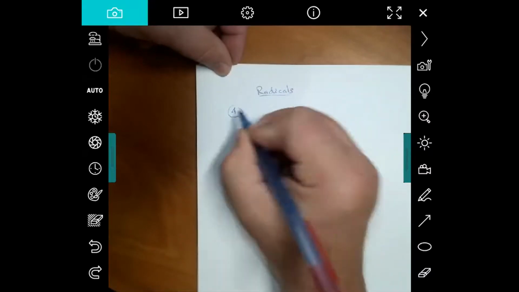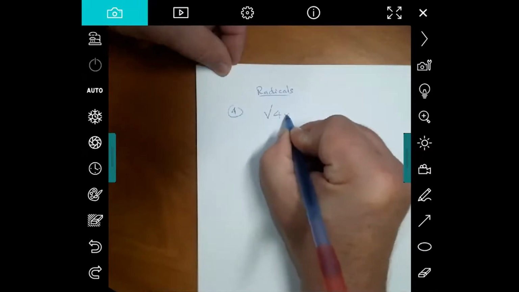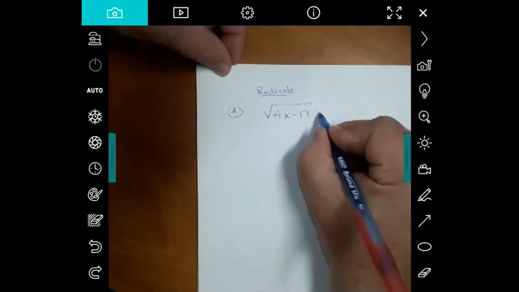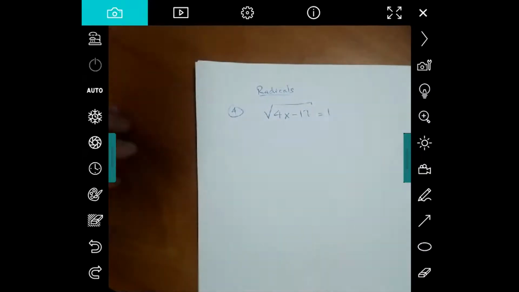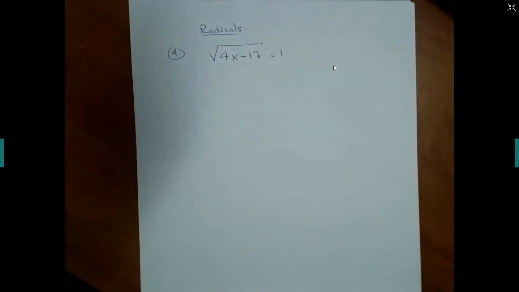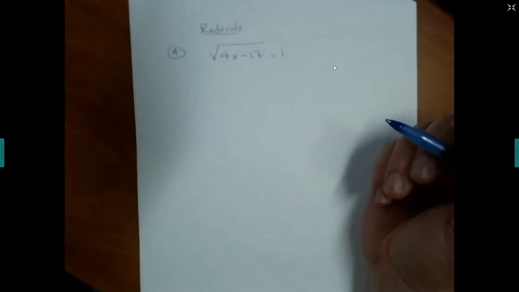This is question number 4. The square root of 4x minus 17 equals 1. Since there's an equal sign in a variable, we have to solve for it.